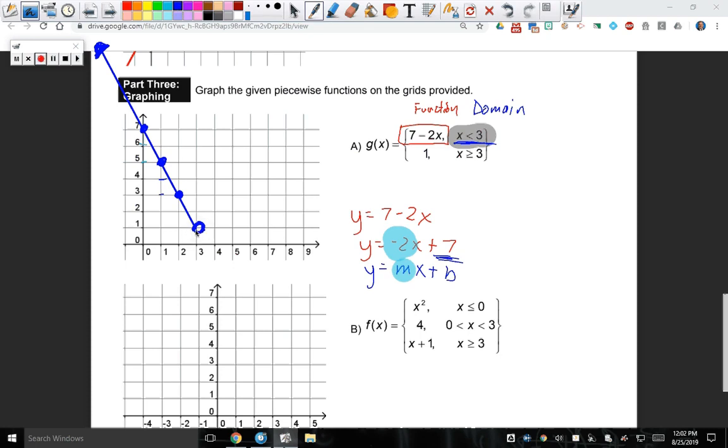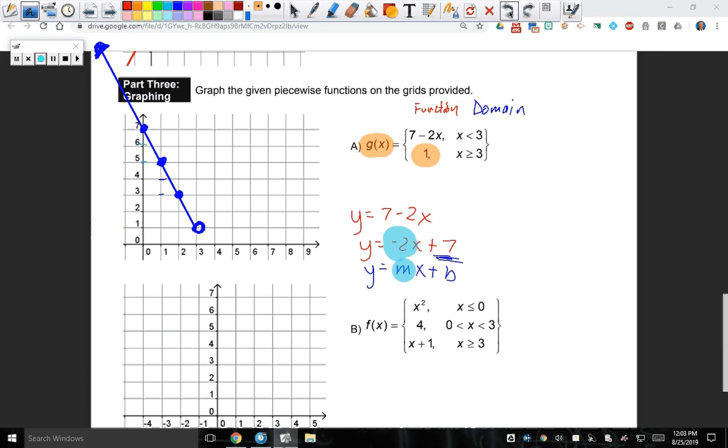Now the other one is y equals 1. Let me go ahead and highlight that. So y equals 1, or g of x equals 1, is just a horizontal line at y equals 1. It would look something like this. But we're not drawing everything.